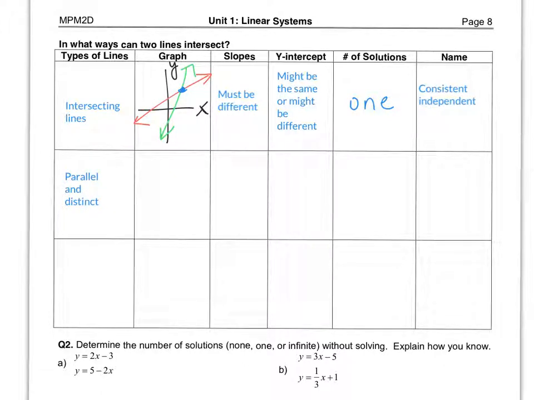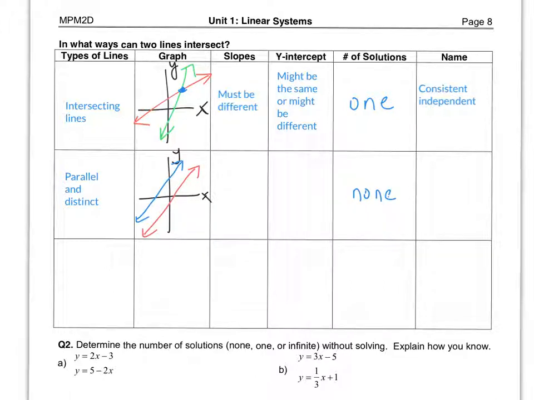Draw your axes, x and y. And then draw a couple of lines, and you want to make them run in the same direction but be different, not lying on top of each other. So parallel and distinct, these have no solution. Number of solutions, there's none.